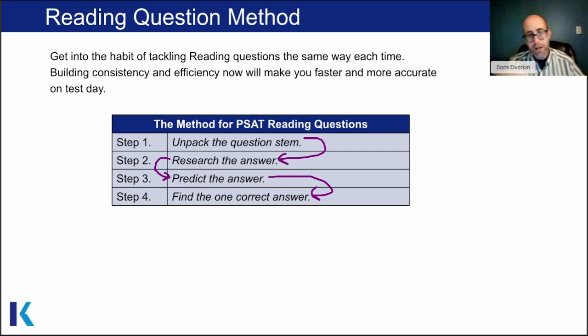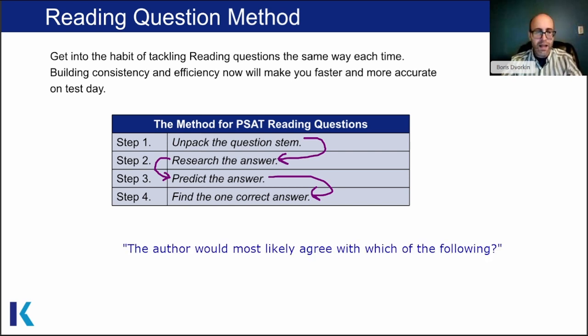Now, this is one path to solving a reading question. However, there may be what are called open-ended questions. Something like, the author would most likely agree with which of the following. That's very open-ended. It doesn't give you much to go on. Anything in the passage is fair game.